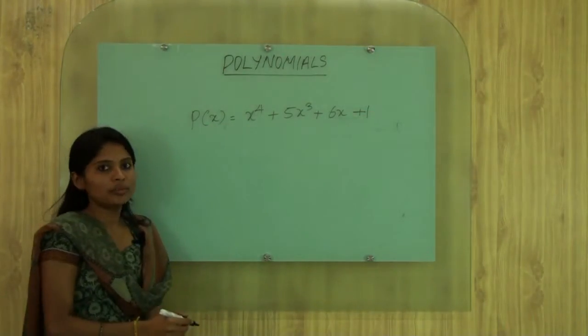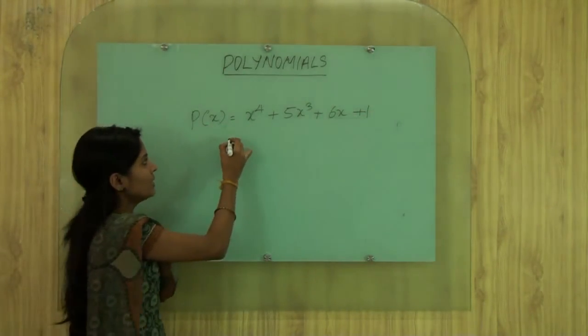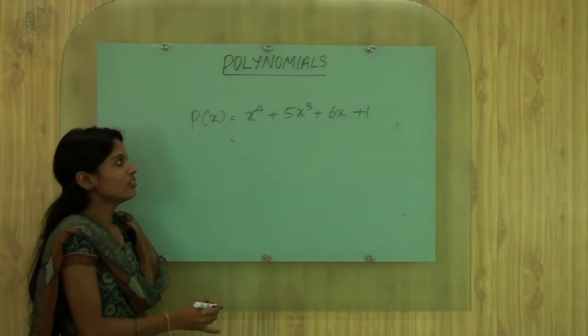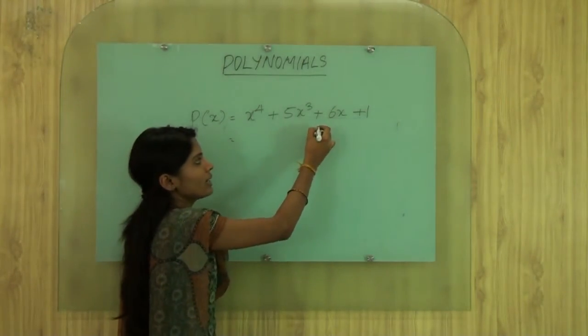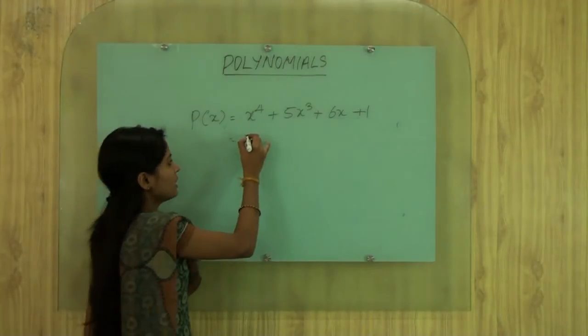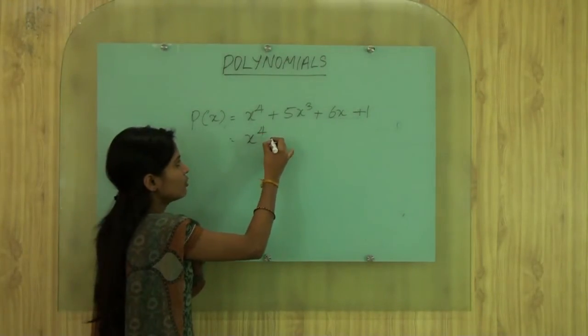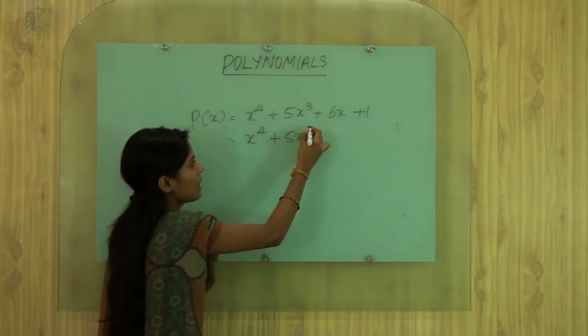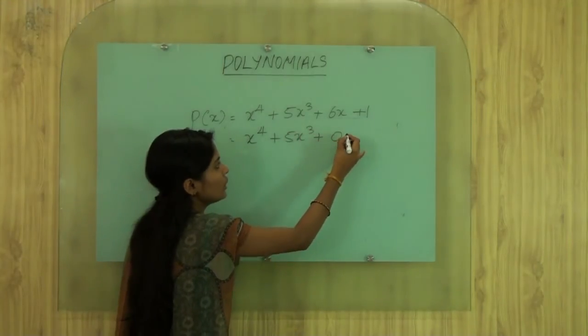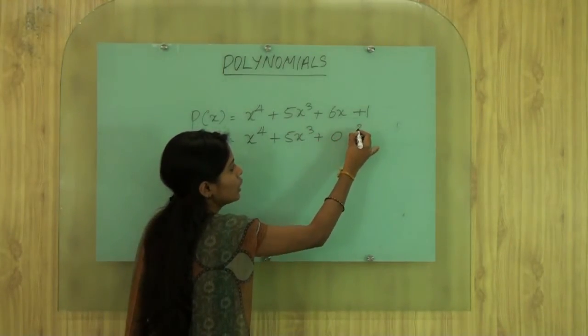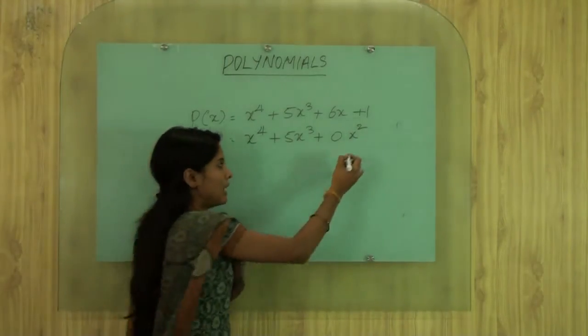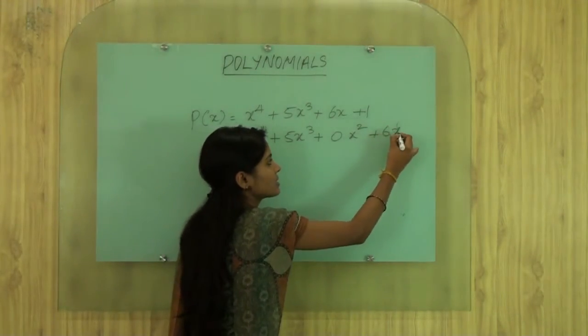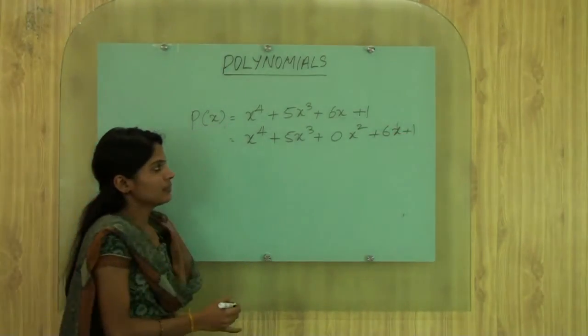This is a polynomial. Here we can note that the x square term is not there. We can consider this polynomial as x to the power 4 plus 5x cube plus 0 into x square plus 6x plus 1.